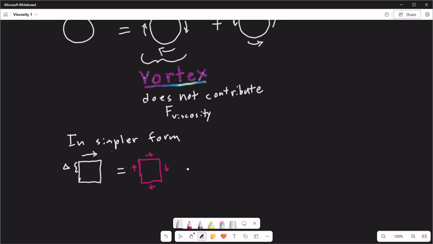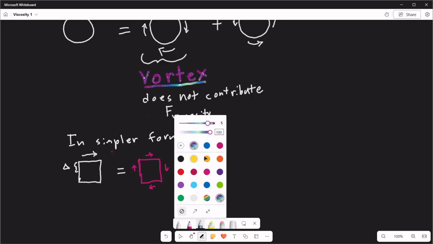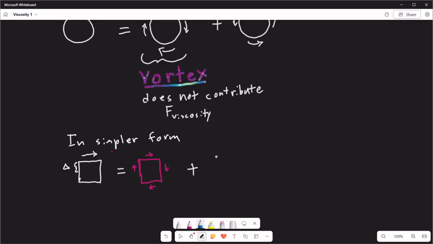And then it's added to another flow. And this is basically going to be the shear part.